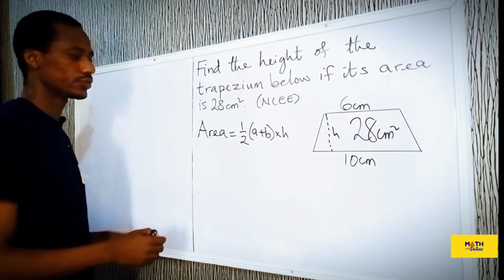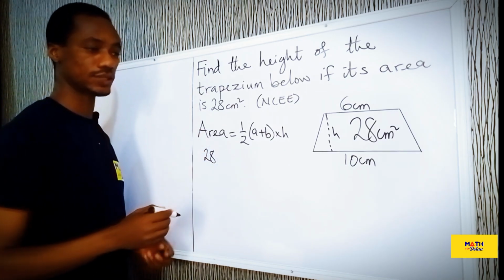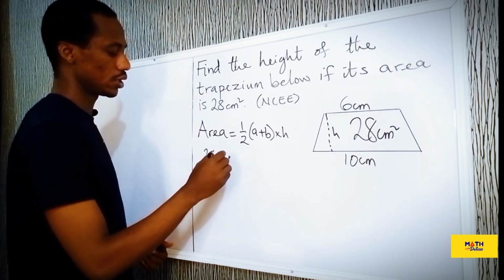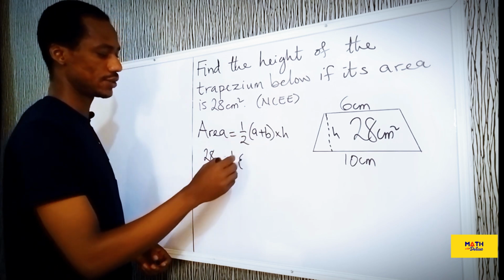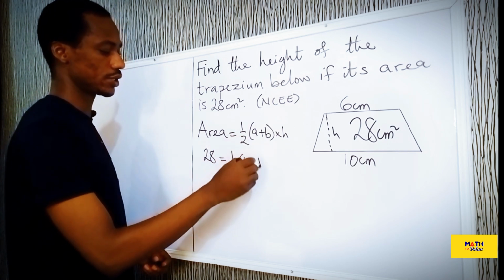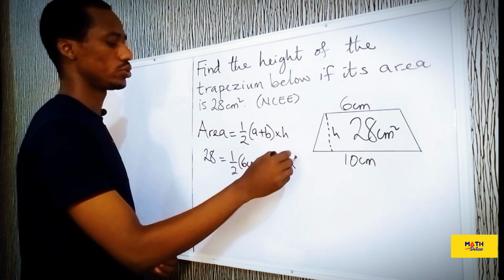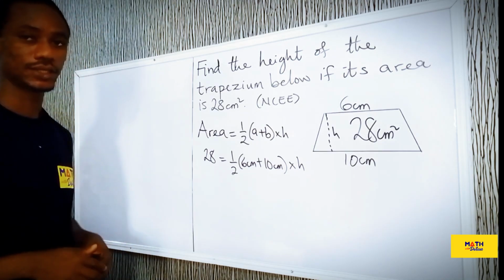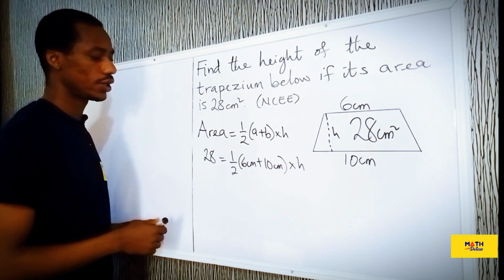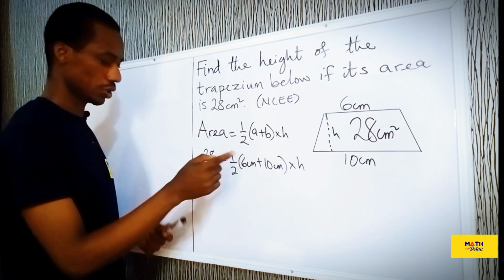In this case we know the area to be 28 centimeters squared, and we know the parallel sides. One is 6 centimeters and the other one is 10 centimeters, but we do not know the height. So let's just evaluate it and see how we go with this.